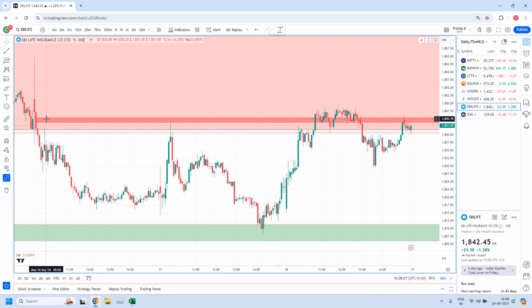Processing up to 5 minutes takes nearly 11 to 12 minutes every day. If I include 1 minute, so many candles will be there that the processing time may go beyond 30 or 40 minutes. That's why I limited the software processing up to 5 minutes, and up to the 5 minutes level we identify the high liquidity zones.